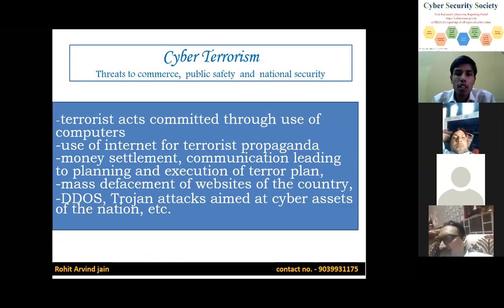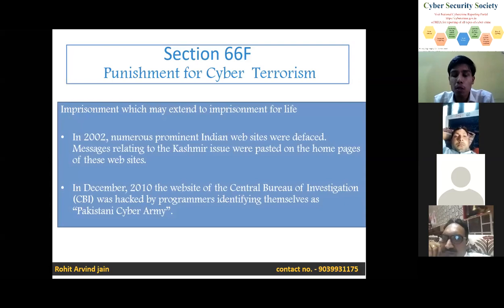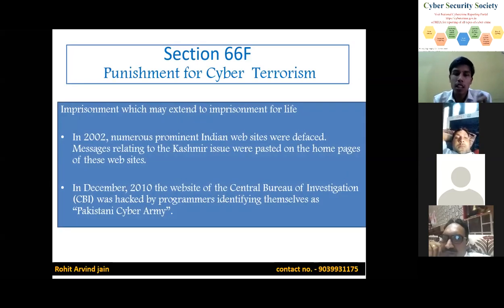A terrorist attack committed through use of computer, use of internet for propaganda, money settlement, communication leading to planning, execution of terror plan, mass defacement of websites, DDoS attacks, and explosion attacks on national websites are included in cyber terrorism. If someone is doing an act of cyber terrorism, then imprisonment which may extend to imprisonment for life is given to a person. This is the only section.